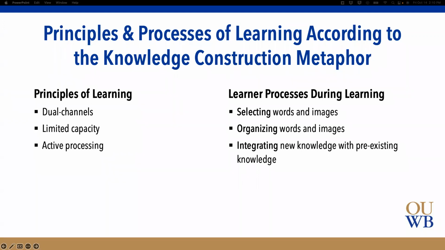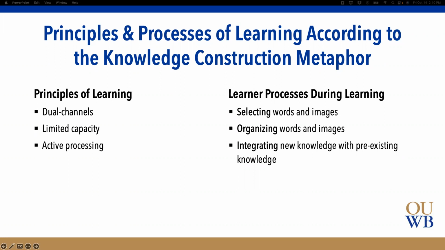And all the while, learners are going through some processes during learning, without which, if learners don't go through these processes, learning doesn't happen. So that involves learners selecting the correct words and images. So the first thing that they must do is pay attention to the relevant words and images in the presented material, and they have to listen to what you all, the instructors, are saying.